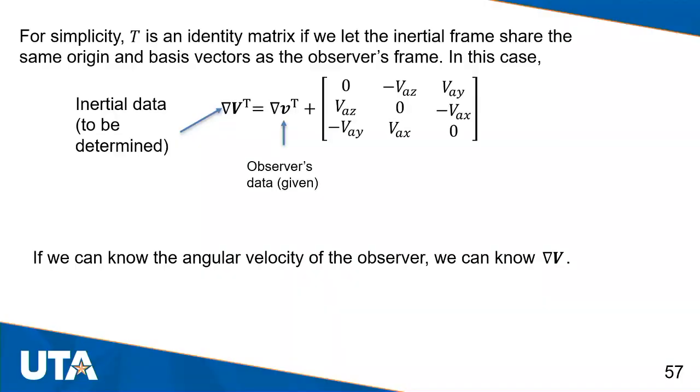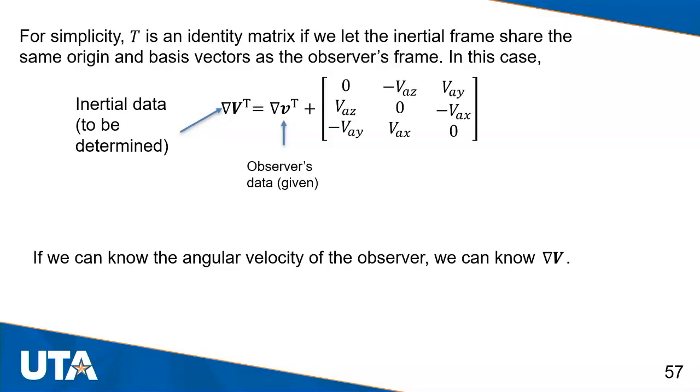So we look at this relation. The lowercase is the observer's, that's what we can get from the observer's data, right? And the left-hand side is the inertial data. That's what we want to get, right? And what is the gap?